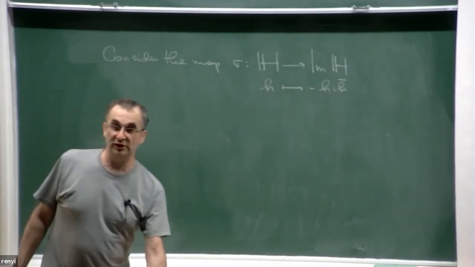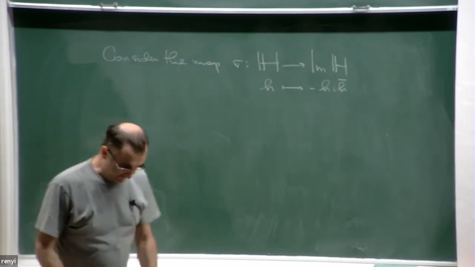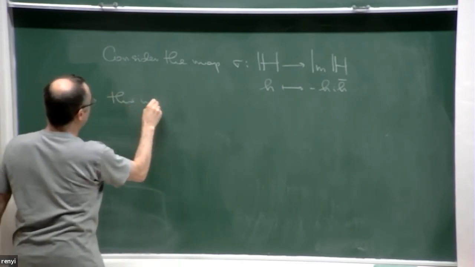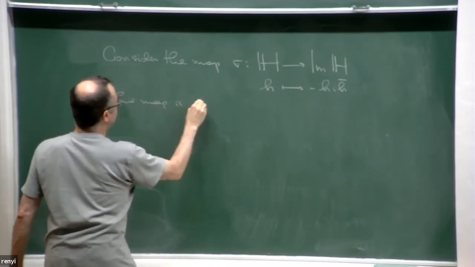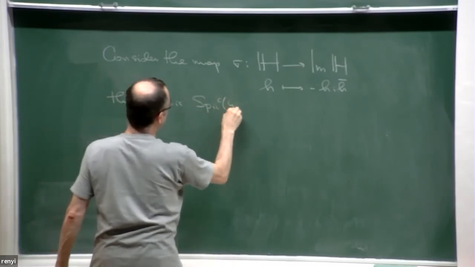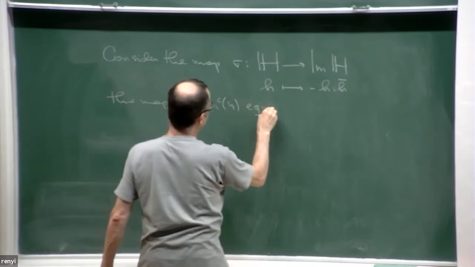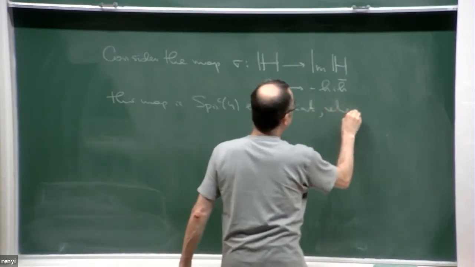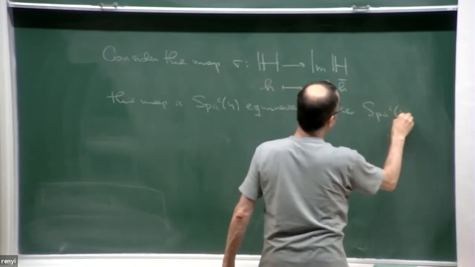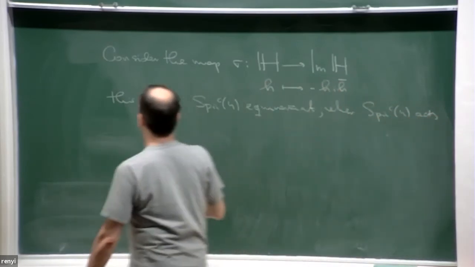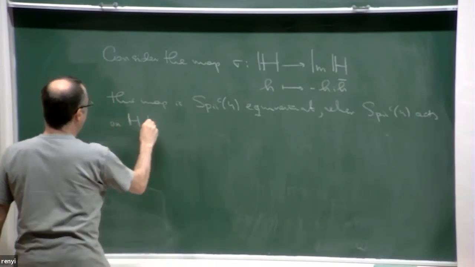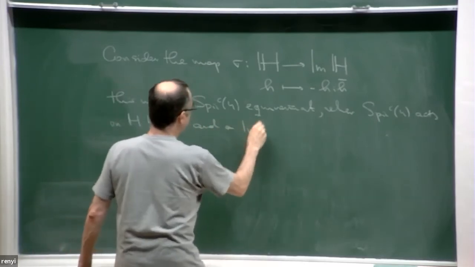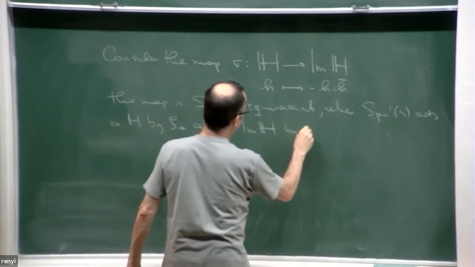It's clear how to conjugate a quaternion. And this map is Spin^c(4) equivariant, where Spin^c acts on H by rho plus and on the imaginary quaternions by R plus.